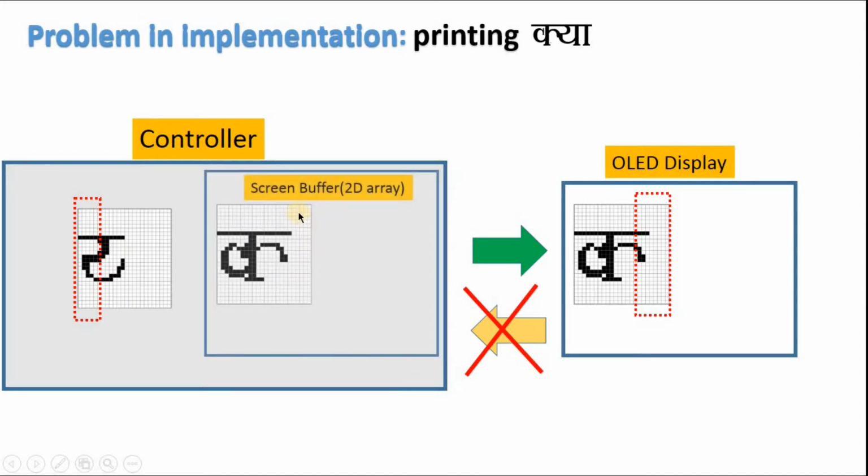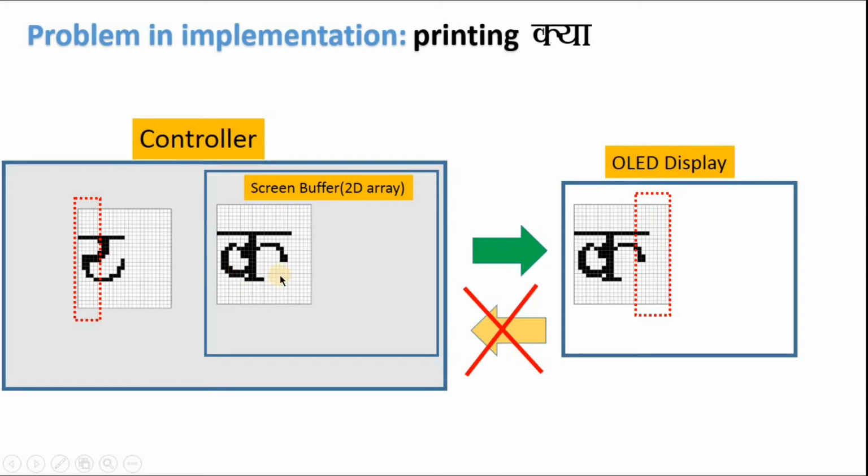Solution to this problem is declaring a screen buffer. Screen buffer is a 2D array which stores what is printed on the display. Whatever we send to the display, there is one copy kept in 2D array. So we can access what is printed on the display through this screen buffer.